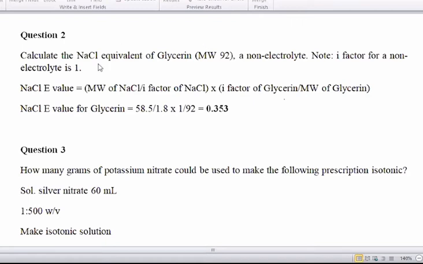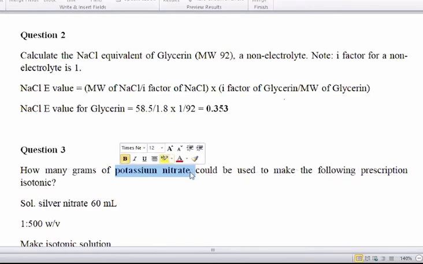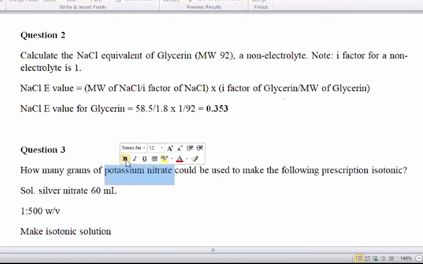You can see from the question it says how many grams of potassium nitrate, but when you look at the formula, you have been given silver nitrate. Yes, we are going to use silver nitrate for the calculations, but it's not compatible with sodium chloride in making a solution. Potassium nitrate is the best choice for this preparation, and it will not be incompatible with the sodium chloride.